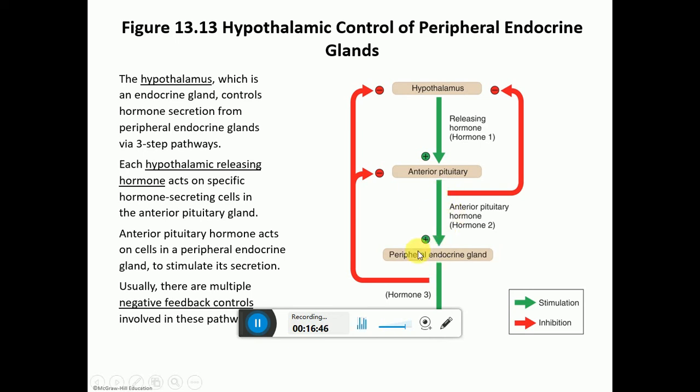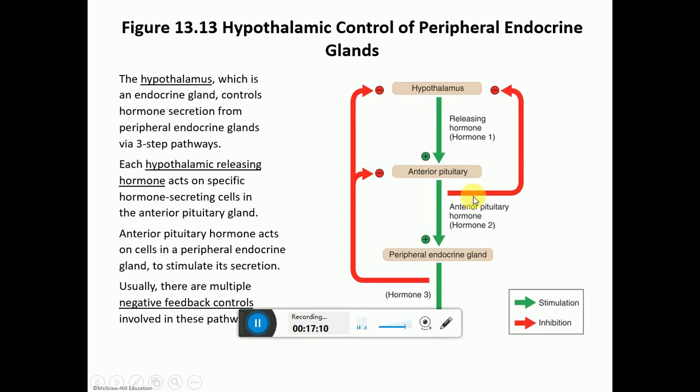By the name, it'll stimulate the peripheral endocrine gland. In this example, that would be your thyroid gland. Now the thyroid gland is stimulated to make its hormone, or hormone number 3 in this case, and that would be thyroxine. When thyroxine comes out, that is going to inhibit both the anterior pituitary and the hypothalamus.